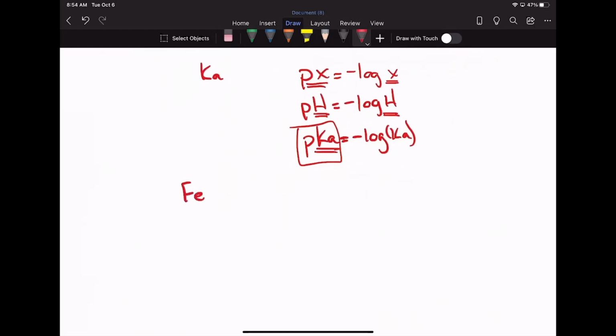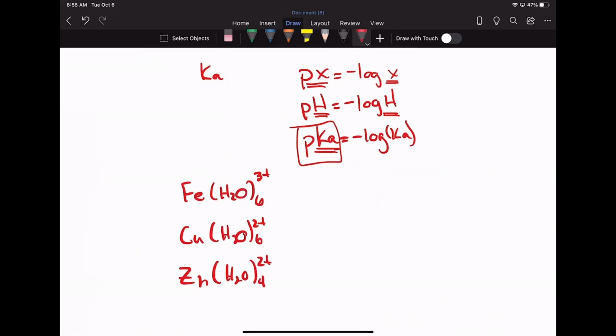If we get some hydrated iron, some hydrated copper, some hydrated zinc, the pKa values are: this pKa value is equal to 2.74, this pKa value is equal to 6.3, and this pKa value is equal to 9.6.